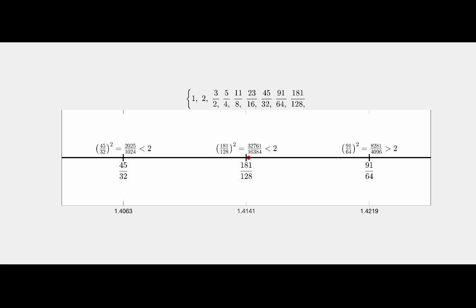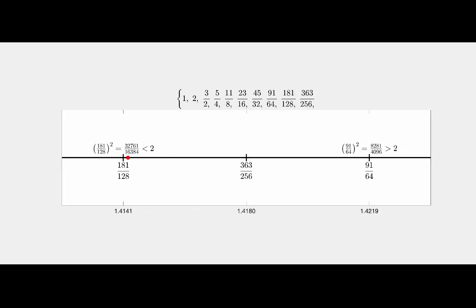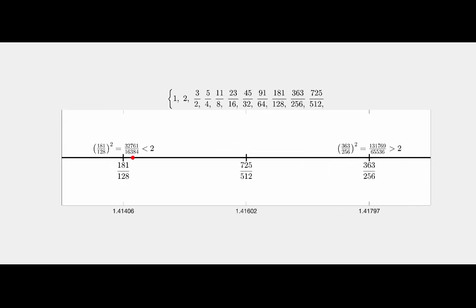In fact, it's less than the square root of 2 because if I square it, I get something less than 2. So again, we're going to zoom in, cut it in half. That's too much. We zoom in again, cut it in half. That's too much. We zoom in again, cut it in half.